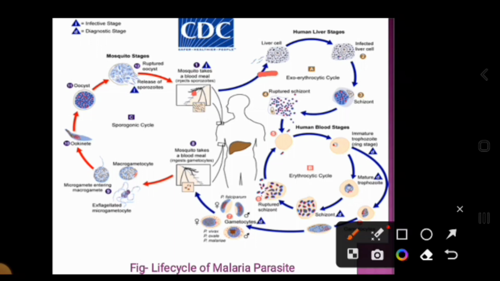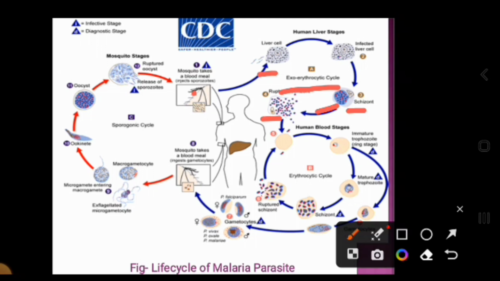In the liver cells, the sporozoites are first converted to the schizont through asexual reproduction, and from the schizont to the merozoite. This cycle occurs outside the erythrocytes, in the liver cells, so it is known as the exoerythrocytic cycle.